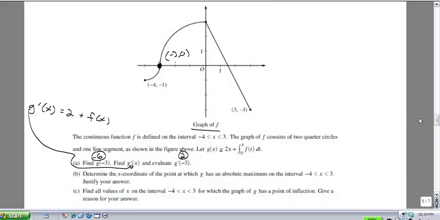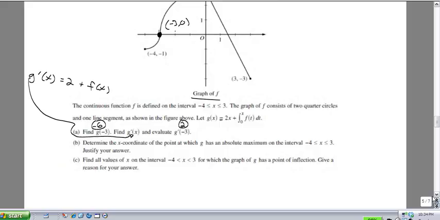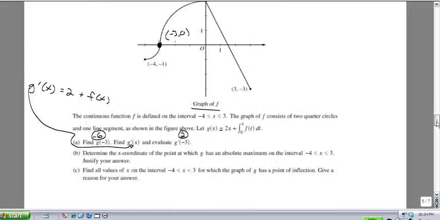Determine the x-coordinate of the point at which g has an absolute maximum from negative 4 to 3. Okay. Well, what do we know about the derivative? We're going to use the derivative to help us determine when the absolute maximum is, and it's from negative 4 to 3.